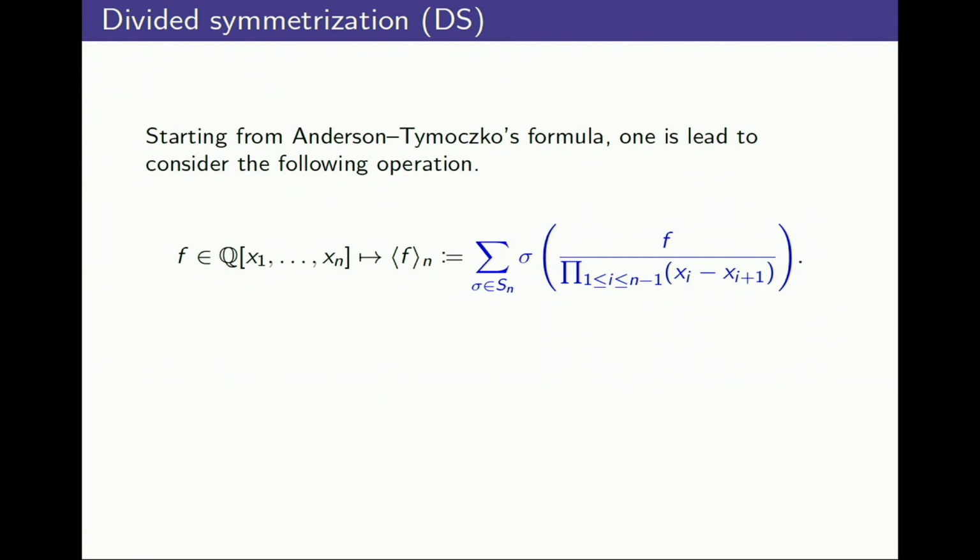You divide it out by this product of xi minus xi plus 1. Now you've got a rational function, and then you symmetrize this expression. You hit it with the symmetric group, you get a bunch of rational functions, add those up, and it is what it is. That's what I'm going to call the divided symmetrization of f. Okay? So a pest to compute by hand, but your computer's happy to do it.